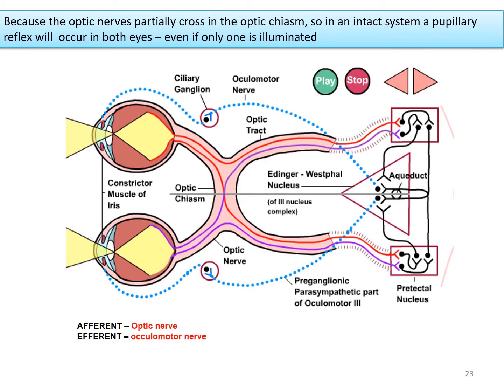Because also, as you can see here, and it's clickable if the link still works, because we have partial hemidecussation, that means partial crossing over of the optic nerve at the optic chiasm, an intact system of a pupillary reflex will occur in both eyes, even if only one is illuminated. So that's called consensual light reflex.